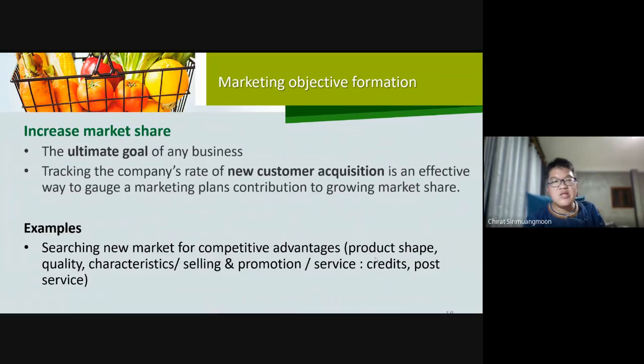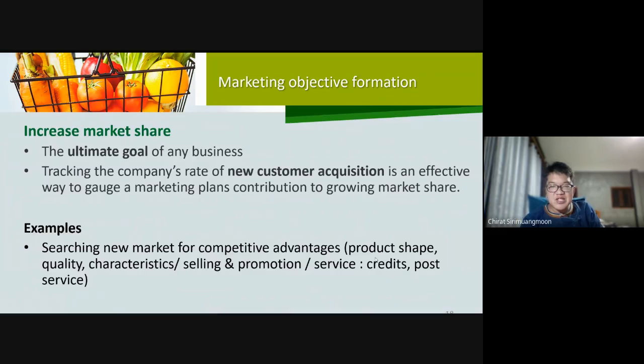The second objective is increasing market share. When you do business, it's not just profit that you need to have. You need to make sure that you have a constant or higher market share. We need to make it bigger. This is the ultimate goal of many businesses.